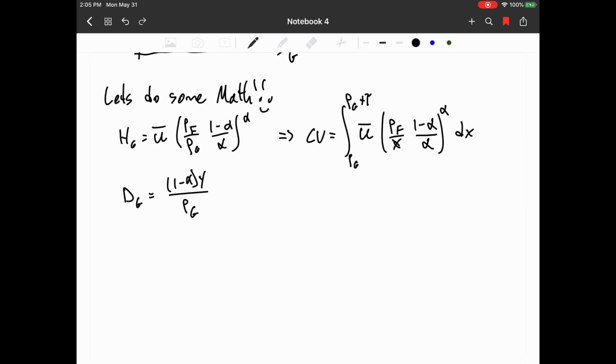I'm not going to write out all the steps here, but we'll bring everything that doesn't depend on x to the outside, which gives us U bar times 1 minus alpha times PF over alpha, raised to the power of alpha, times the integral from PG to PG plus tau of 1 over x to the alpha dx.